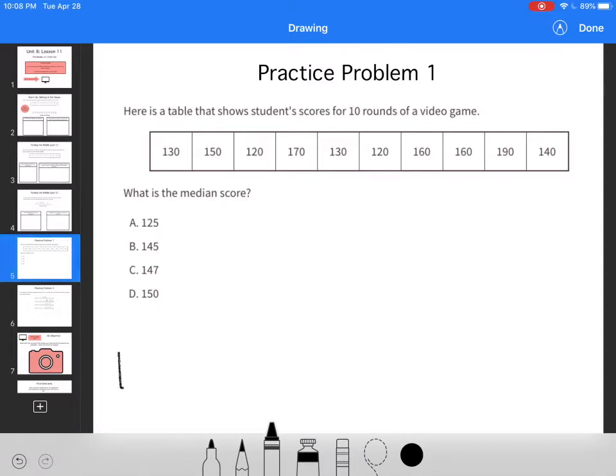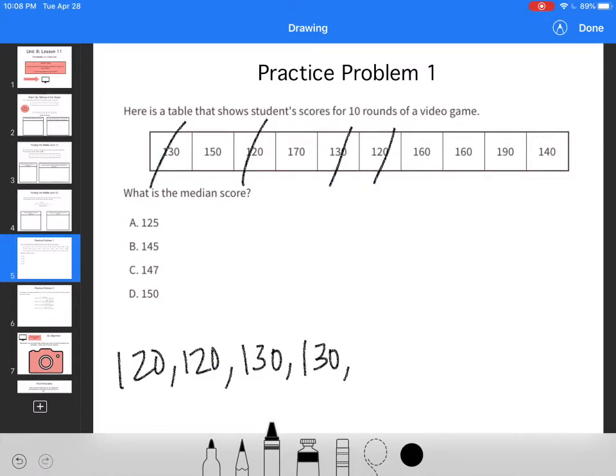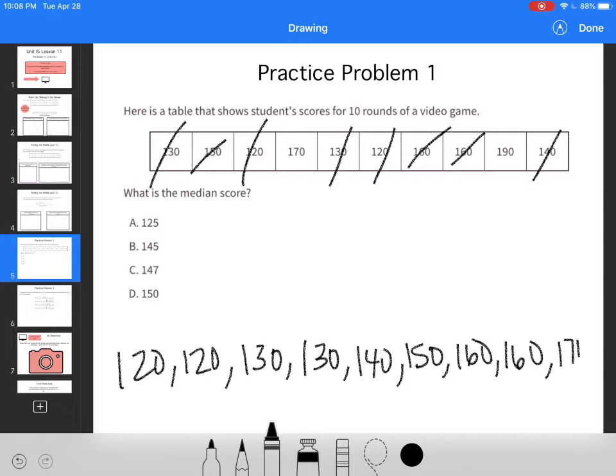So I have 120, 120, 130, 1. I always count the numbers just to make sure that I have them all.